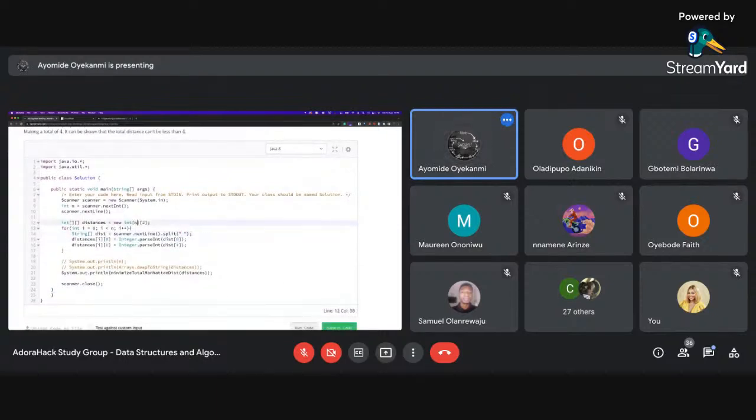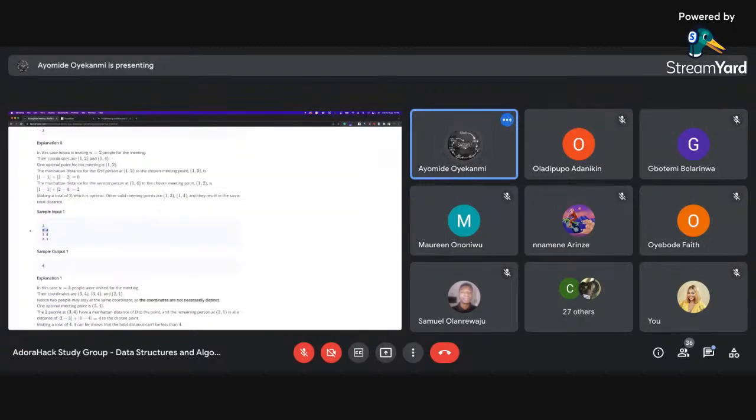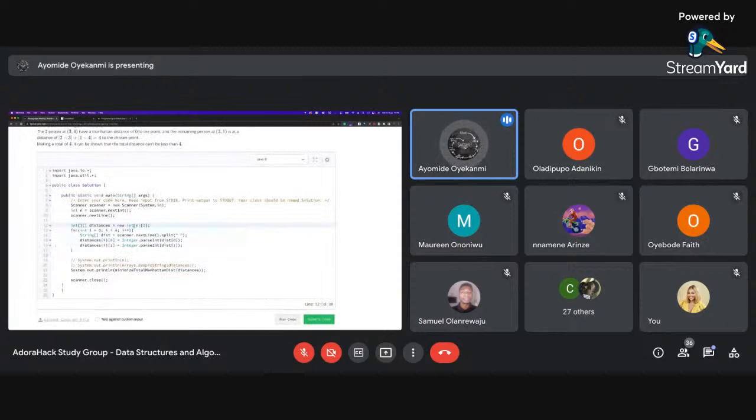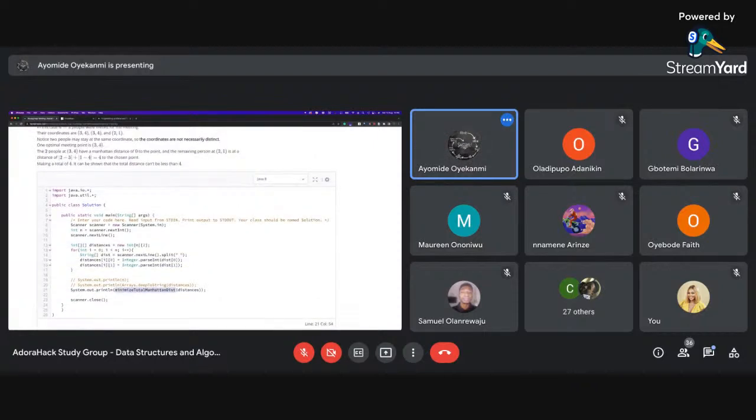We know that each distance has only 2 values, right? So I create a multi-dimensional array that has 2 values for each array within the bigger array. The bigger array's size would be n, which is the total number of people that want to come for Adora's thing. We now read all the distances and put them into the multi-dimensional array, and then pass that into a method. All right, cool.